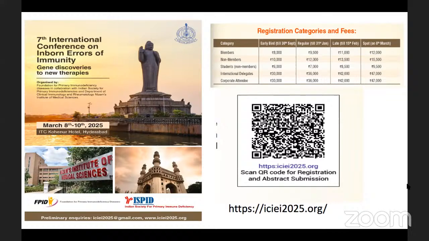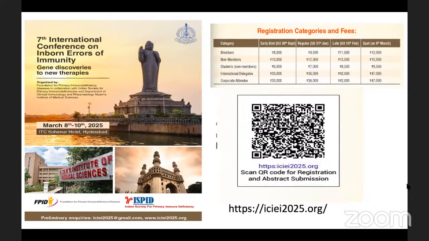That is because GP91 phox is also a molecule involved in killing intracellular bacteria. As I showed you in the diagram, even monocytes and macrophages have it. So if it is deficient, then you can have a BCGosis also. So CGD and MSMD are two conditions to be thought about.